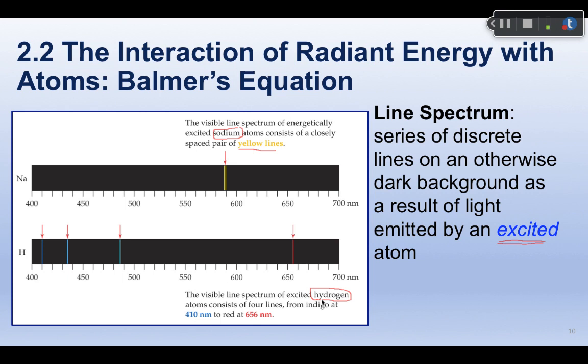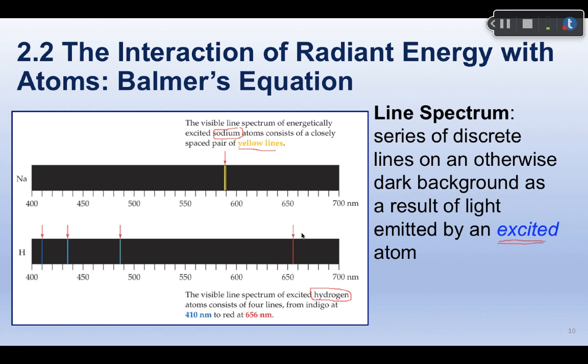Some are easier to see than others, and they range from the short end down here at 410, which is blue, to the long end at 656 nanometers. These are all nanometer wavelengths of visible light, hundreds of nanometers, and they're unique to each element. Sodium happens to have only one in that visible range in this representation, and hydrogen has several.